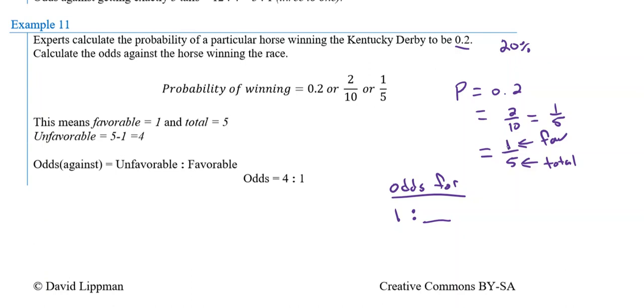So if it's 1 over a total of 5, then everything else must be 4, 5 minus 1. 1 to 4 odds for winning. Well, if we want unfavorable, that's as simple as swapping those two things around. This was 1 favorable to 4 unfavorable. And if it asks what are the odds against the horse winning, then that's going to be 4 to 1. Just switch them around.